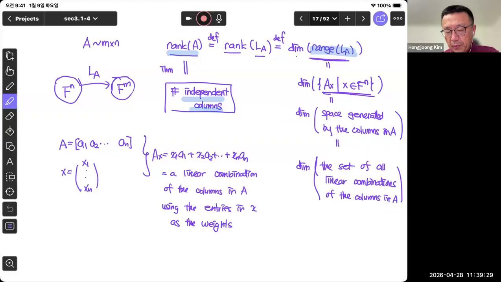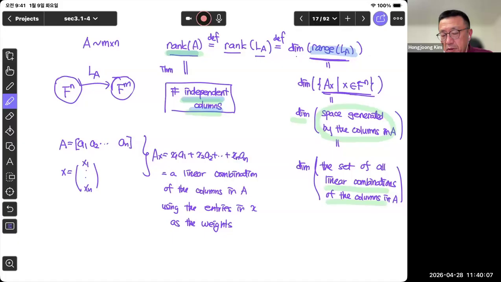Theorem 3.5 says the rank of a matrix is related with the number of independent columns. So the rank of a matrix just counts the number of independent columns in a matrix. And in theory, that will represent the dimension of the space generated by the columns in A, which is equivalent to the space of linear combinations of the columns in A matrix. If you consider the collection of all those linear combinations, that will generate a certain space.